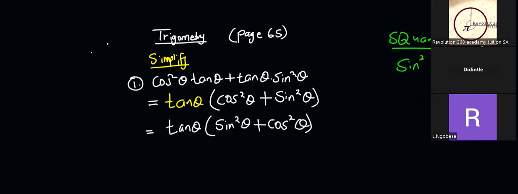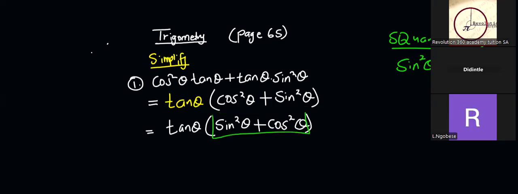So where there is sine squared theta plus cos squared theta, you're going to write 1. That's why I said let us rearrange it, because not everyone will be able to see that it is an identity of 1.